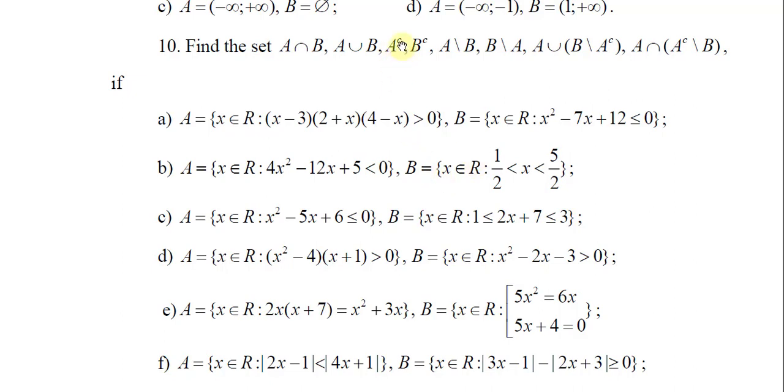Here A^C or A prime, they are the same. This is the complement of A and the complement of B here. So this example is also the same. Firstly find the solution of these inequalities, then the solution of these inequalities, and then find the union or intersection or complement or difference, etc.